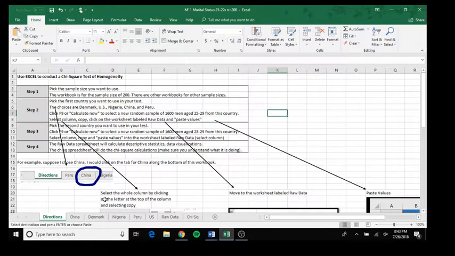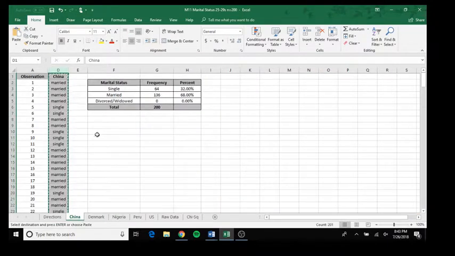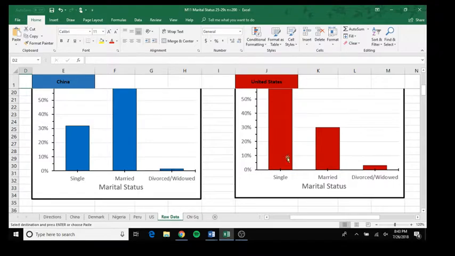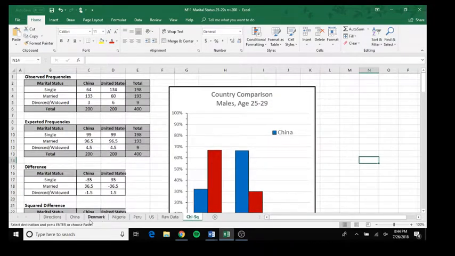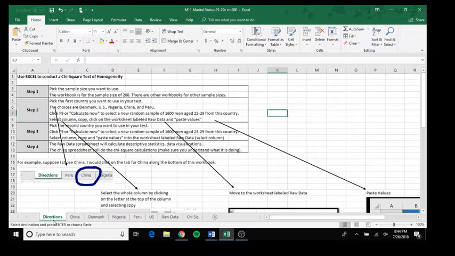So I did that by selecting the country that I picked, which was China. I copied it and I pasted it into my raw data. And then it says the second country, which was the US.